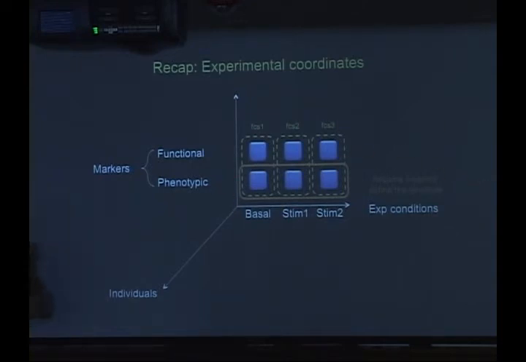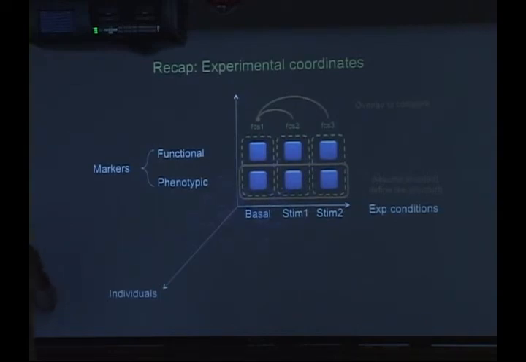Of course, it's very possible that your disease will have an enlarged compartment or a compartment that shrinks, but you will assume that this is more or less constant, unlike the functional markers, because the functional markers are what really varies across all your different conditions. So it's the stuff that you want to overlay on the basal to color your tree, color your graph, and see what cells are responding to your different cytokines or whatnot.